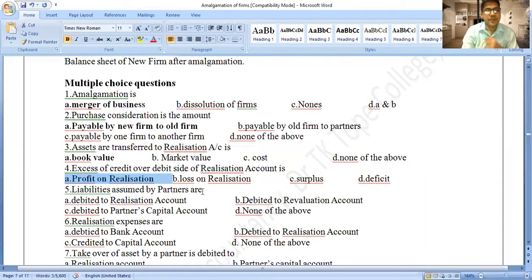Liabilities assumed by partners are debited to realization account, debited to revaluation account, or debited to partners capital account. So liabilities assumed by partners are debited to partners capital account.